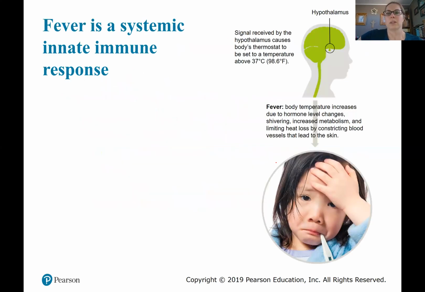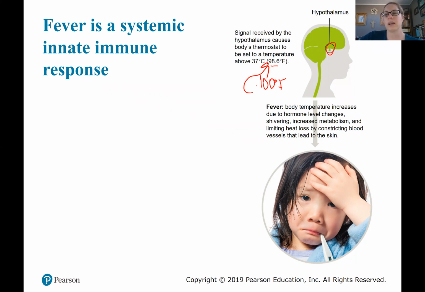It's going to reset the normal temperature of 98.6, which now there's some evidence that a human body temperature is actually lower than that. But it's going to reset it to say 100 degrees Fahrenheit. And that fever will then persist until the pyrogens are gone, and then it will reset and revert back to 98.6.